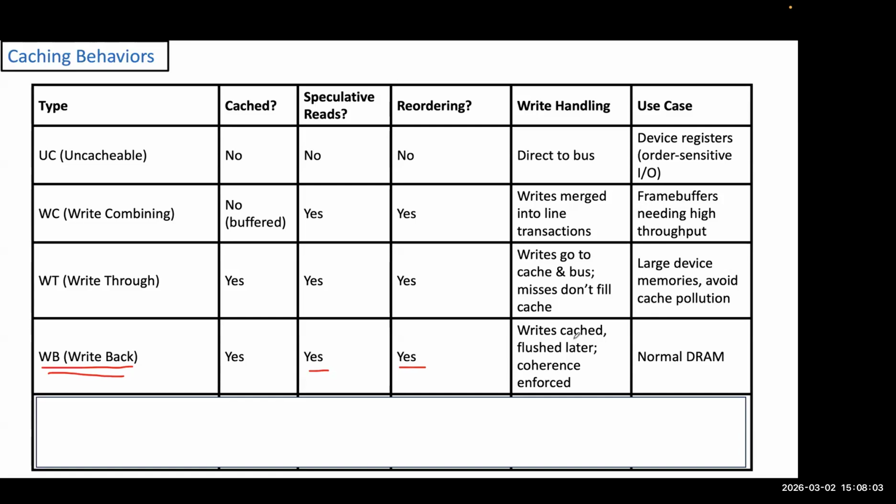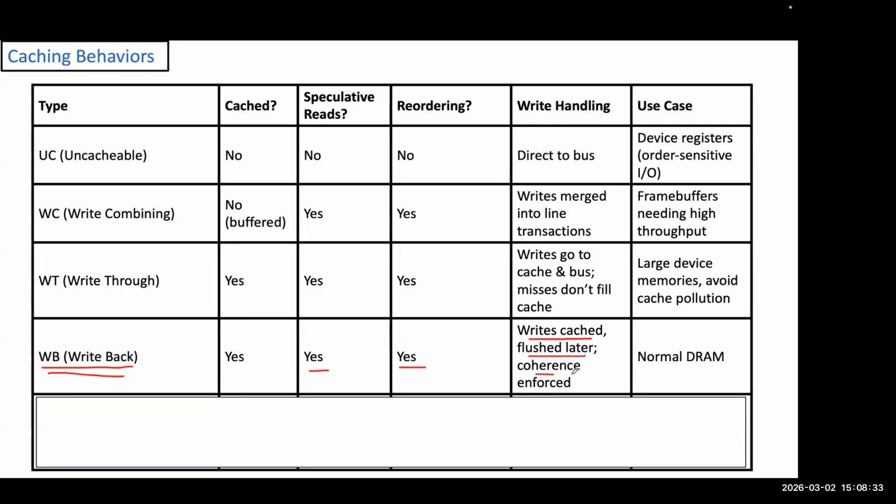So how are the writes handled in this case? Whenever you update data, that data is updated in cache and then flushed later. Flushed later means, for example, when there is no more space in L1 and you need to move it to the lower memory like L2, then it will be moved to L2 at that time point, right?